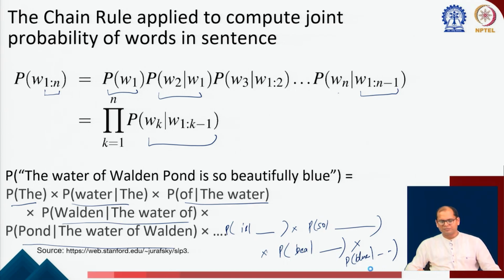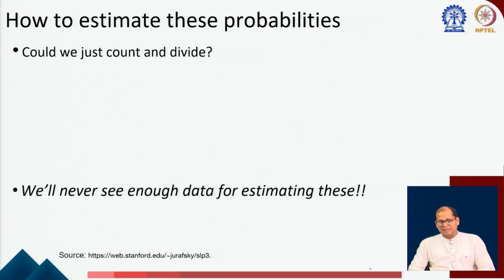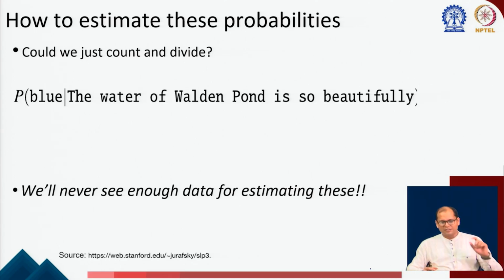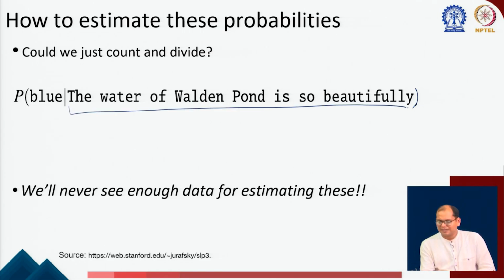Now, the question is how would we estimate these probabilities? The probability of blue given the water of Walden Pond is so beautifully, the word blue comes after that, would be the number of times I have seen this entire span, and suppose I have seen this 100 times, and then how many times I have seen this followed by blue.